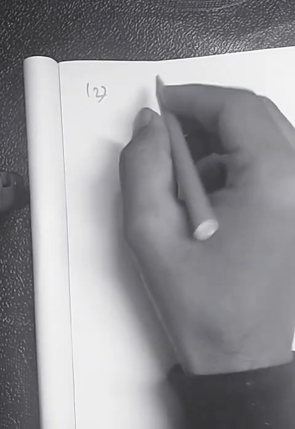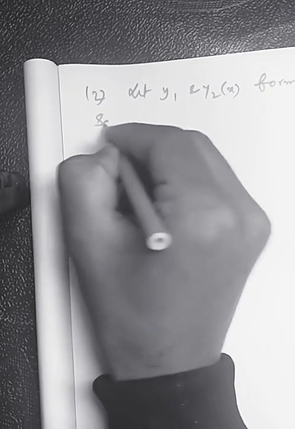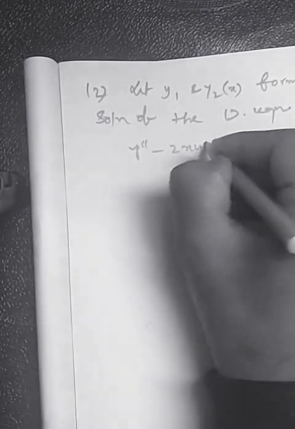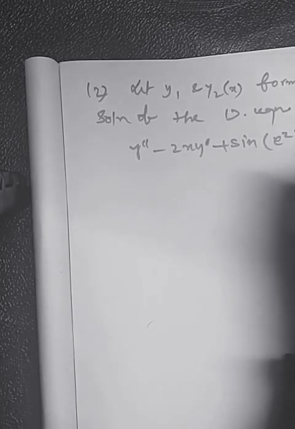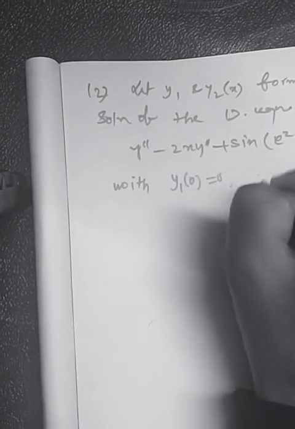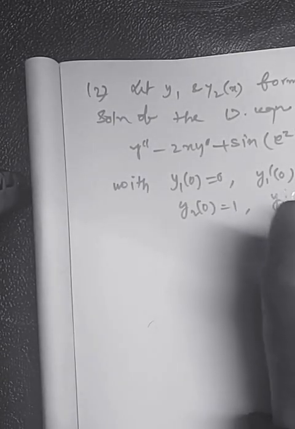About question number 12, which says: let y1(x) and y2(x) form a complete set of solutions of the differential equation, with y1(0) = 0, y1'(0) = 1, y2(0) = 1, y2'(0) = 1.